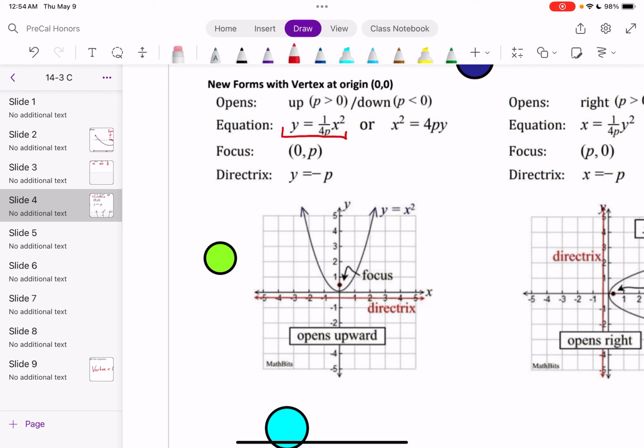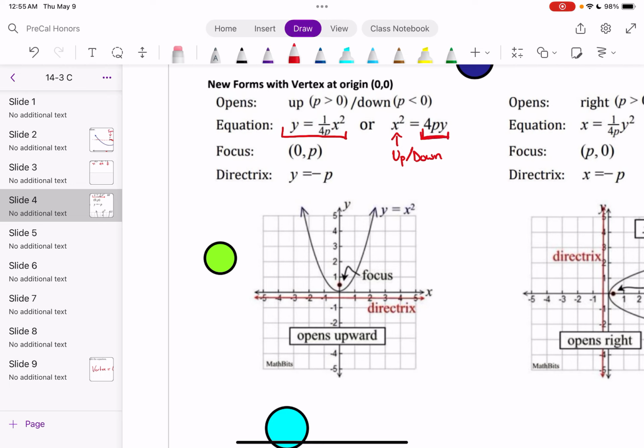Now, generally, whenever you see x squared, this will generally mean that it will be moving up or down. In order to tell whether it would be up or down, that is determined by taking a look at the back end of this problem.